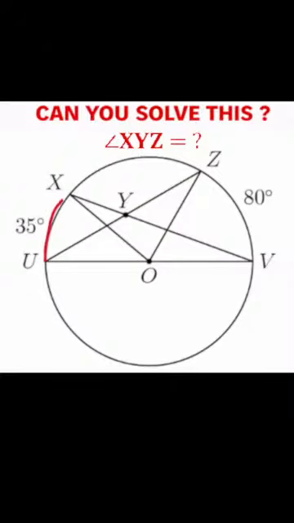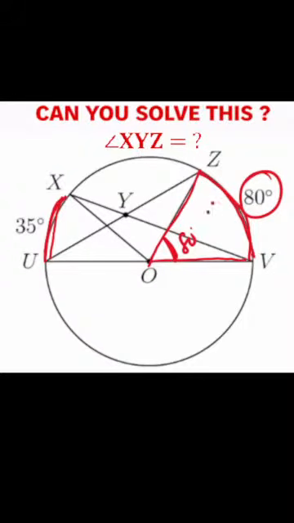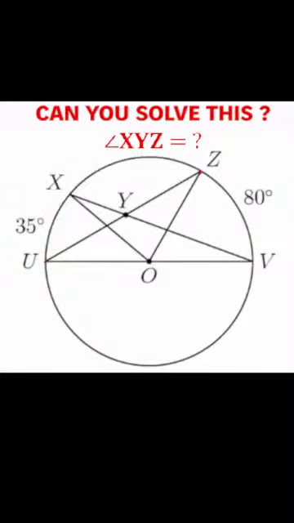This 35 is nothing but the angle measure of this arc, which is UX, and this 80 is the angle measure of this arc, which is VZ. What that means is that the angle subtended by this arc at the center is going to be 80 degrees. So if this is 80 degree, this is also going to be 80 degree. That's what it means. I hope that is clear to every one of you now.